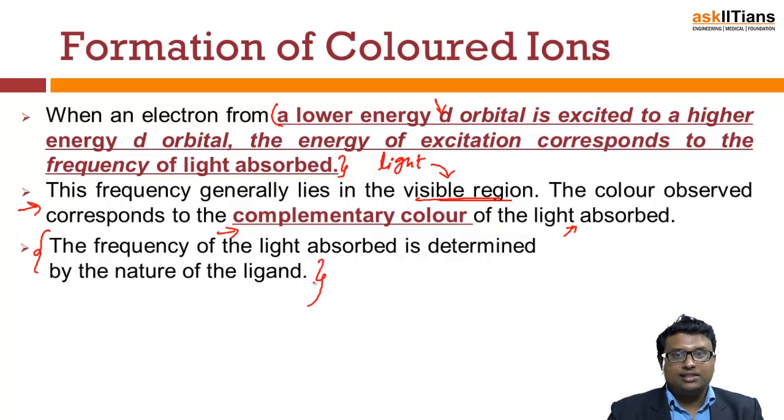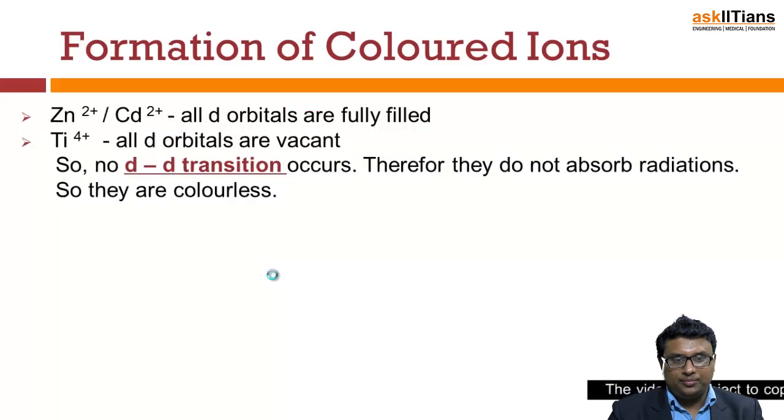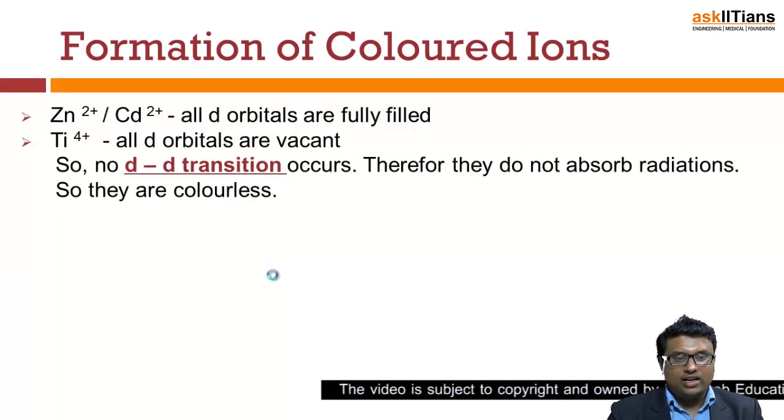Now remember, ligands are also responsible for this excitation, right? But the frequency of this light is actually dependent on the nature of the ligand. So this is a very important point. Once you know the nature of the ligand, the frequency of the light can be determined. So, formation of colored ions.